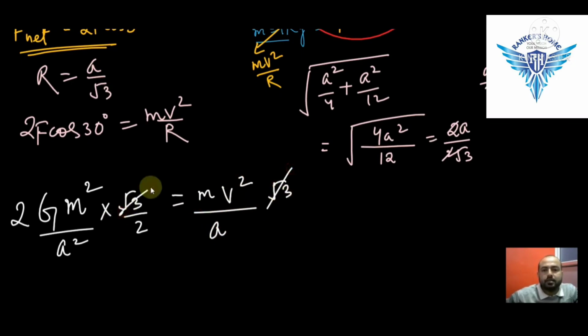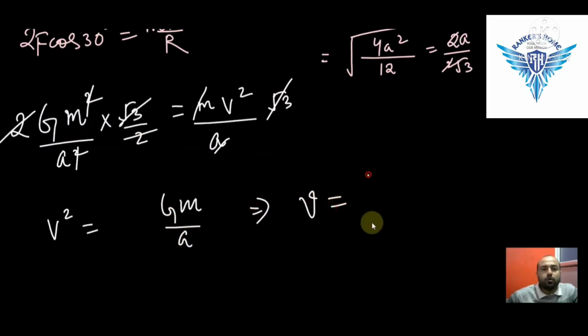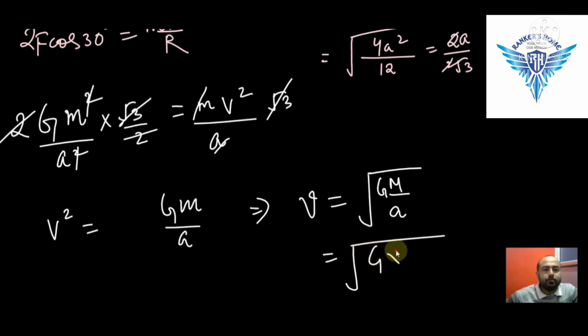So root 3 is cancelled, a square by a leaves a, and mass m cancels. Now we find v square equals 2Gm upon a, and the 2 cancels out. So v is equal to root under Gm upon a.